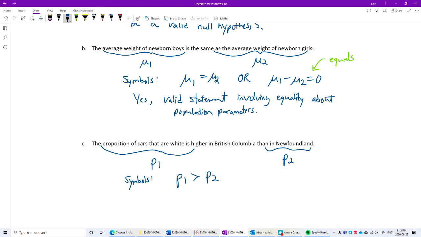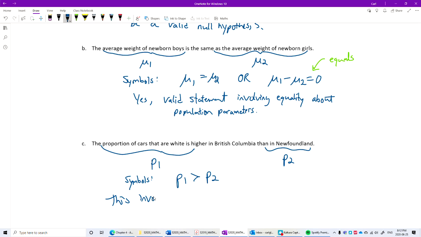This is good in that it is about population parameters, not just about a sample. But it has a problem, which is that it doesn't involve equality. It involves greater than.